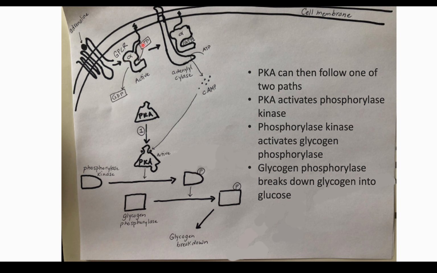When it's active, GTP enters the binding site, and the alpha subunit activates an enzyme called adenylyl cyclase, which makes a second messenger called cyclic AMP, and cyclic AMP binds to and activates a kinase called protein kinase A. And through a few more steps, it activates the process of glycogen breakdown, which would release glucose for the body.